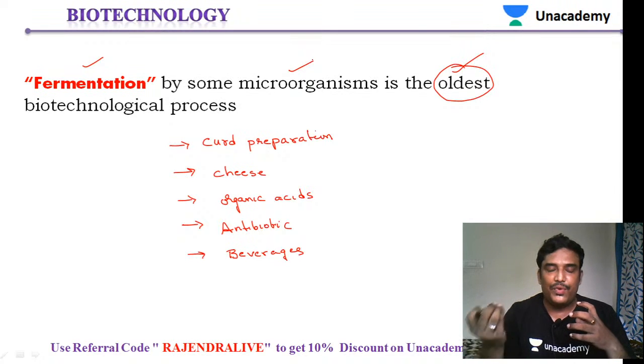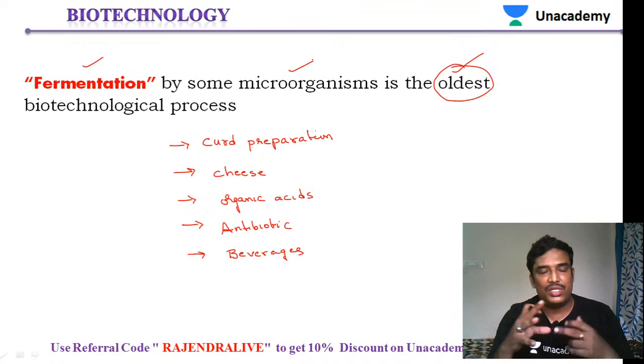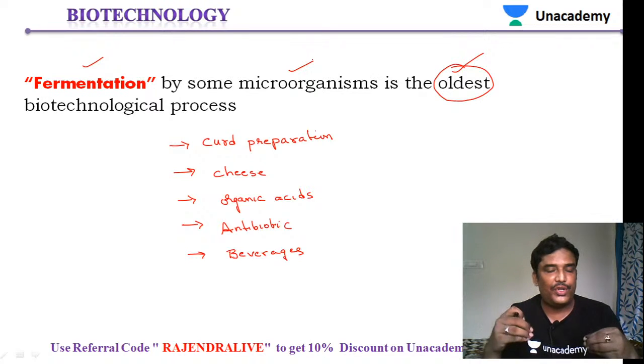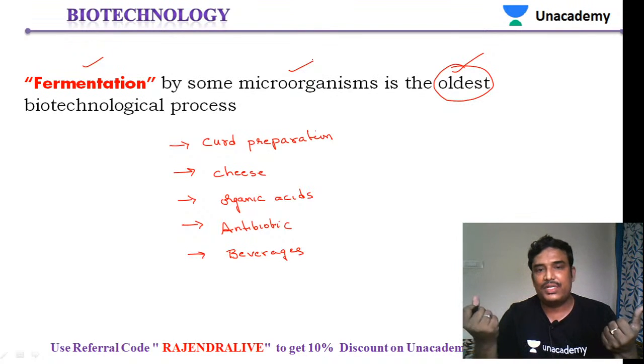By using the principle of fermentation, curd preparation takes place, cheese preparation takes place, and organic acids like citric acid, acetic acid and butyric acid are synthesized. These are all important for humans in day-to-day life. Similarly, antibiotics are extracted from organisms and used for human welfare.